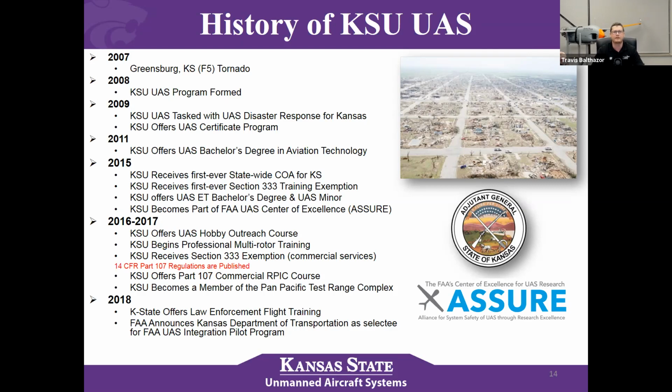And the last bullet at the bottom under 2018: in 2018, we were also selected as a core partner for the Kansas Department of Transportation, which was awarded as one of the few UAS Integration Pilot Program awardees.